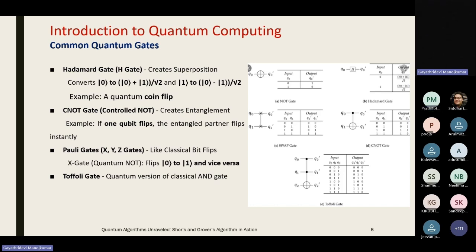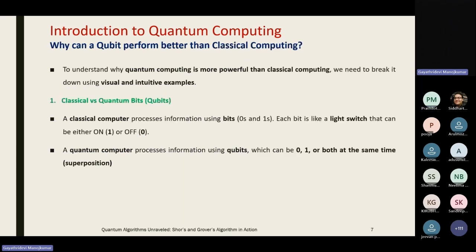By knowing all these terminologies, the next question in our mind is: why can a qubit perform better than classical computing? We already saw the difference between the classical bit and the qubit. A classical bit processes information using zeros and ones.